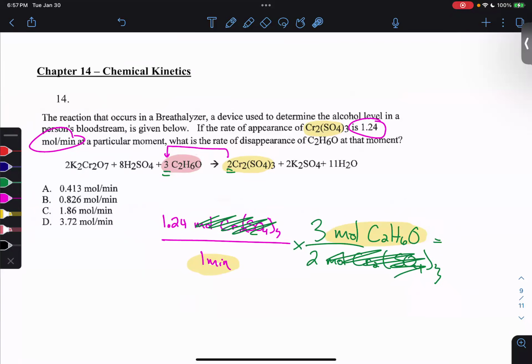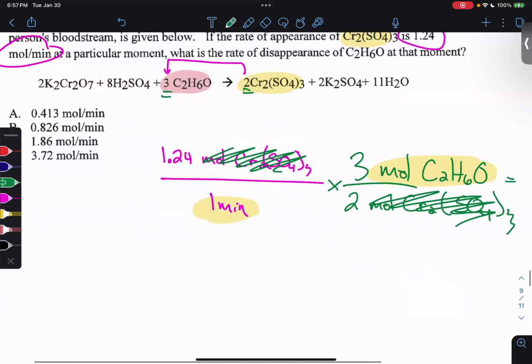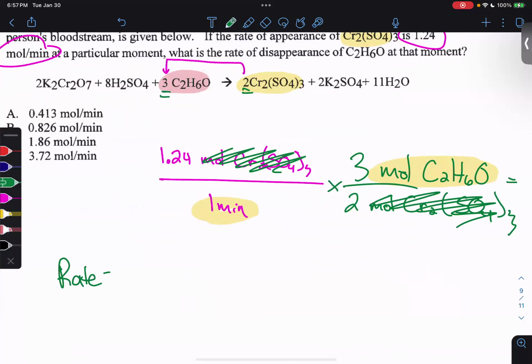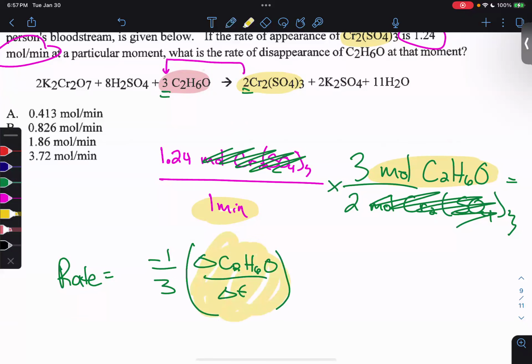If you do the long drawn out equation, I guess I'll do that. The long drawn out equation says the rate of the overall reaction equals negative 1/3 change in C2H6O over delta t. This right here is the rate that we're trying to calculate.